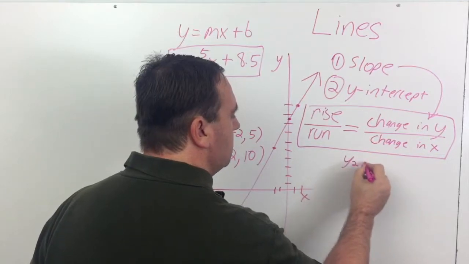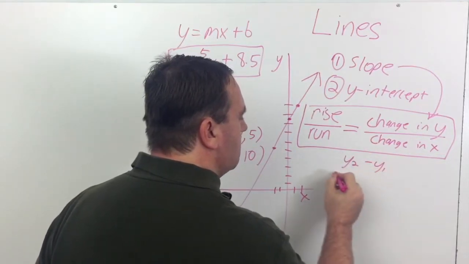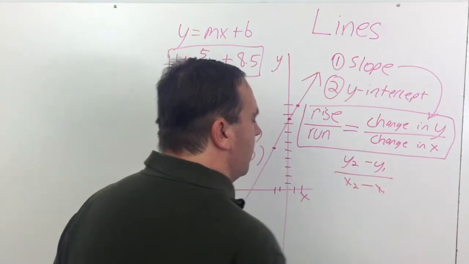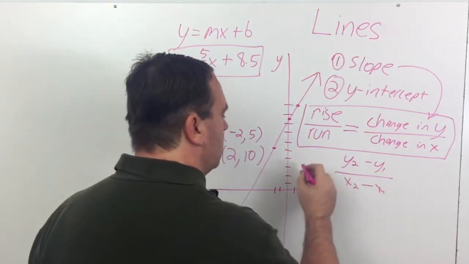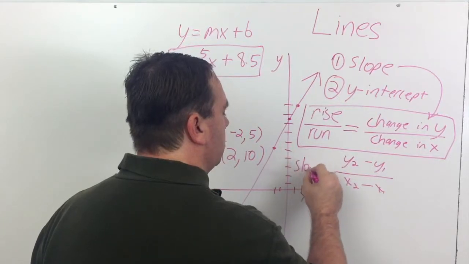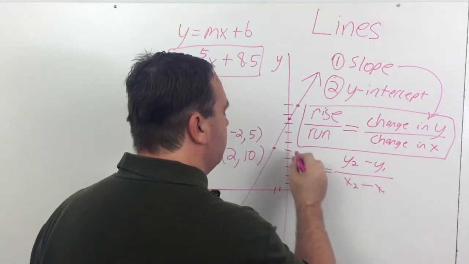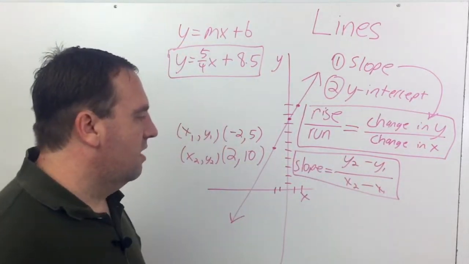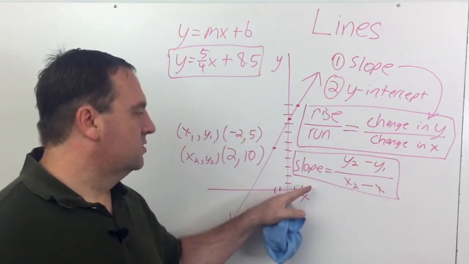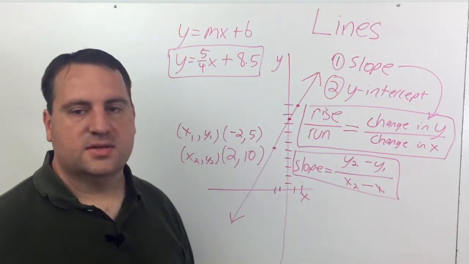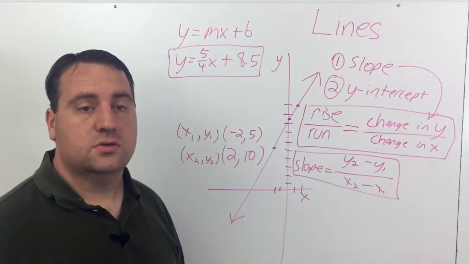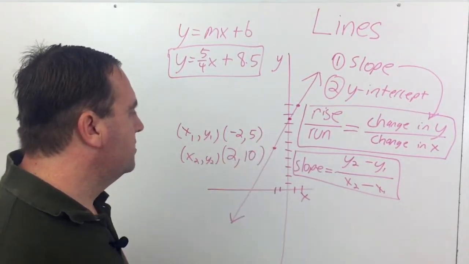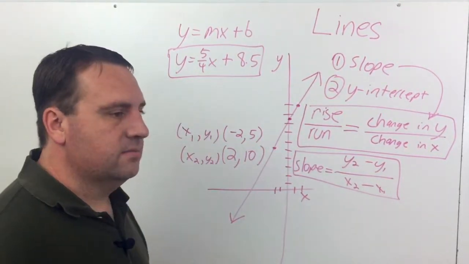So y2 minus y1 over x2 minus x1. In fact, this right here is actually one of the foundational roots of calculus. So don't forget that. That is how you find the slope between 2 points. And then once we have the slope, we can find the y-intercept and convert it to a line.